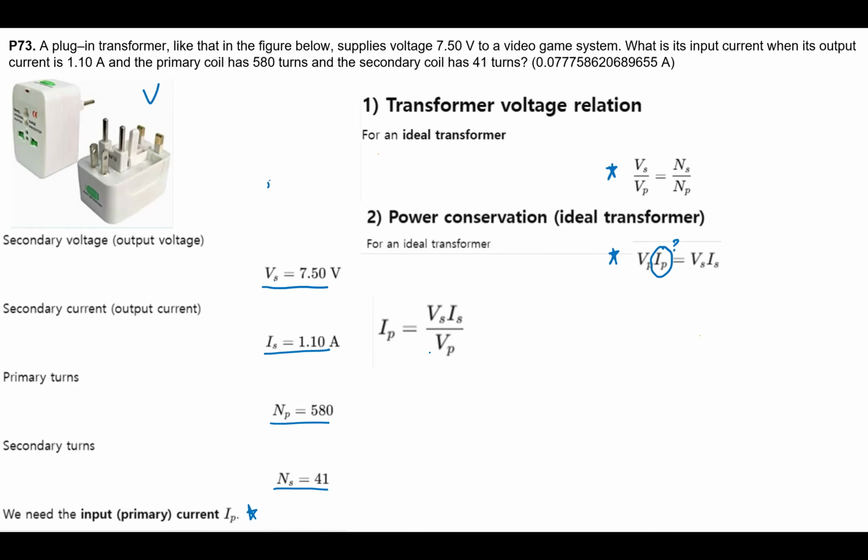And Ip is given by this simple law, and from this, if you look at it, Vs is here, but we do not know what the Vp is.